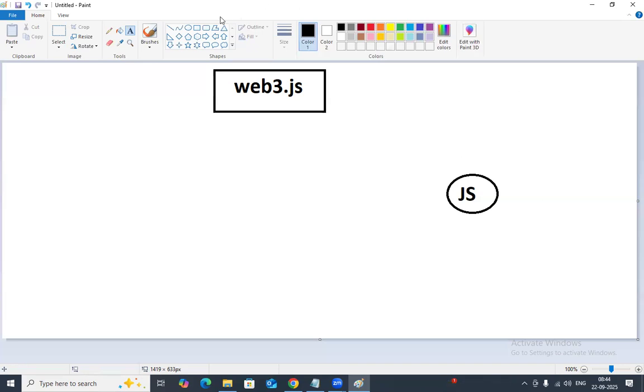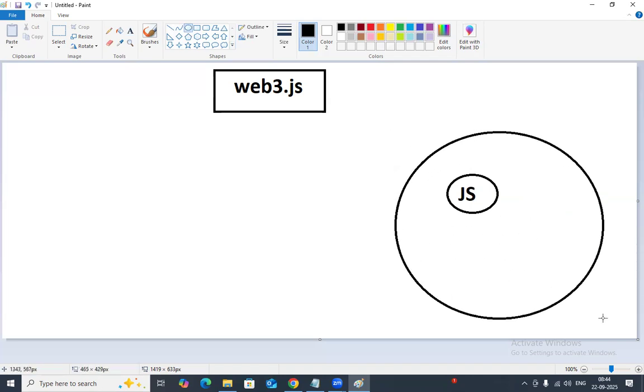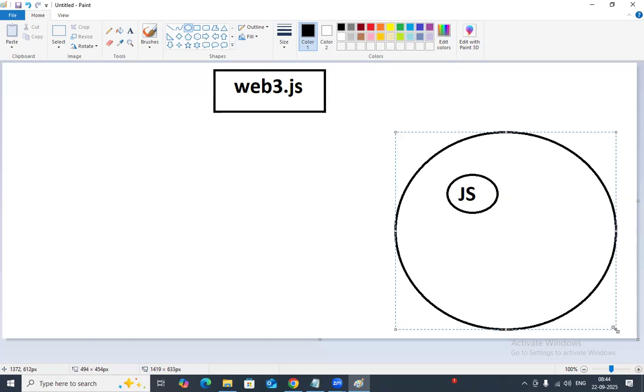On top of this JavaScript, many libraries or frameworks are available.